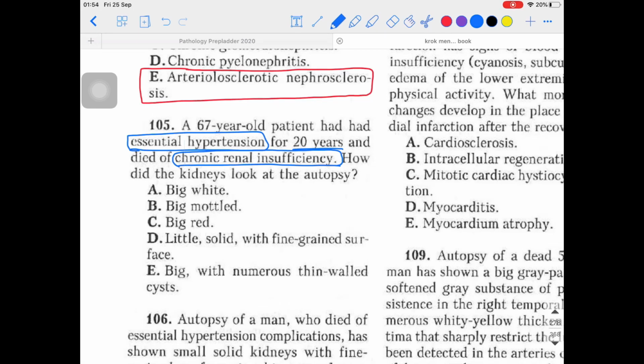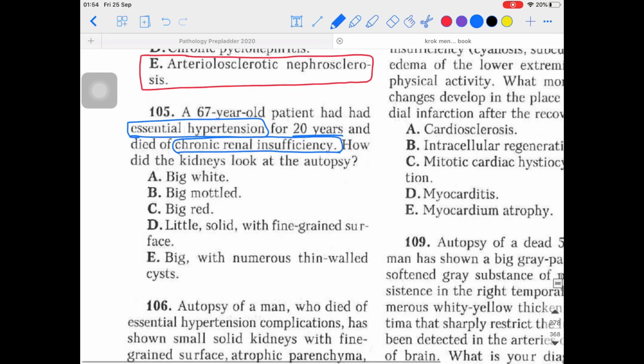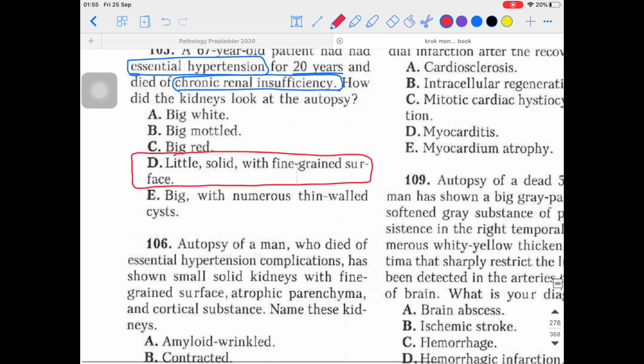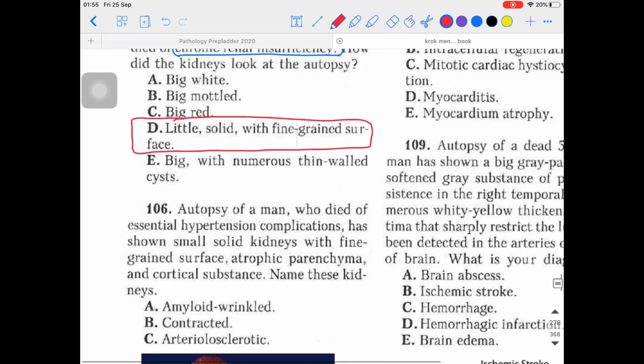So I can say shrunken kidneys will be seen, contracted kidneys will be seen. Only one option there, the D option, little solid kidneys with a fine grained surface. So D option over here will be the correct one. Chronic insufficiency will lead to contracted, little, solid kidneys with a fine grained surface.